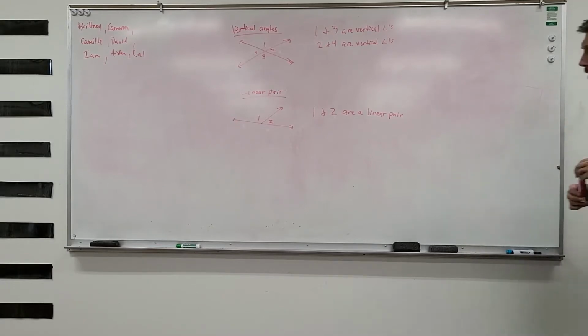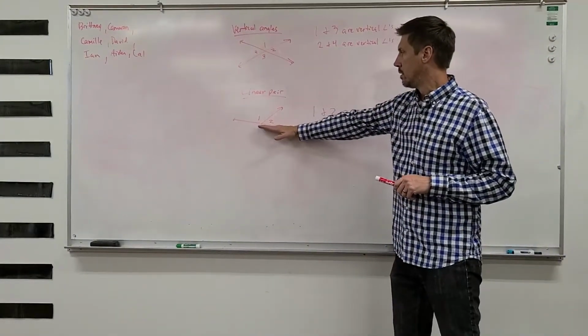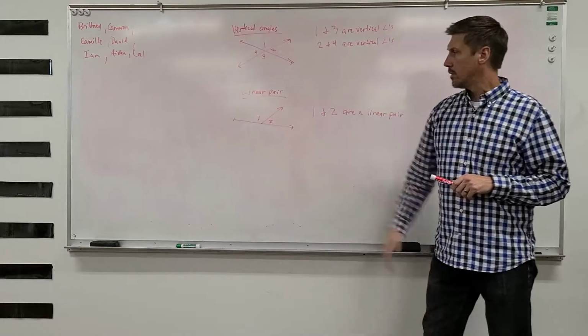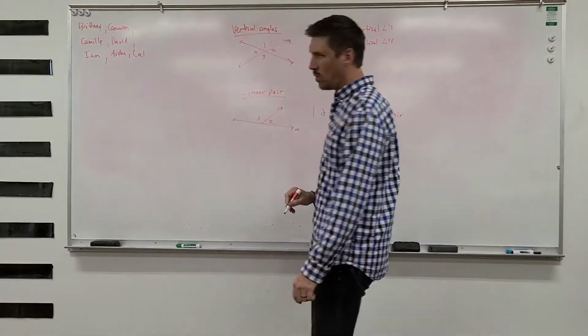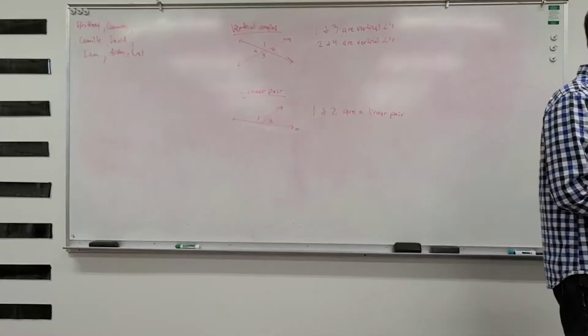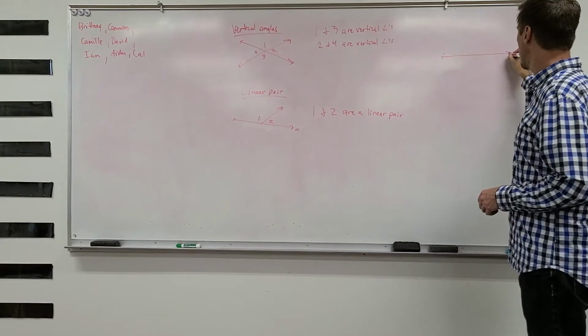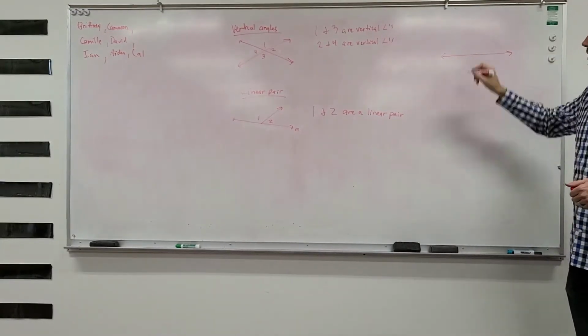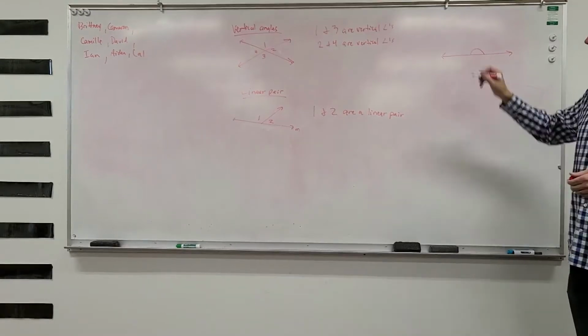Now for a linear pair, the line at the bottom there, we'll label it line M. What is the angle that's made by line M? We had this on the quiz. We had a line, and I said, what's this angle here? It's 180. It's a straight angle.